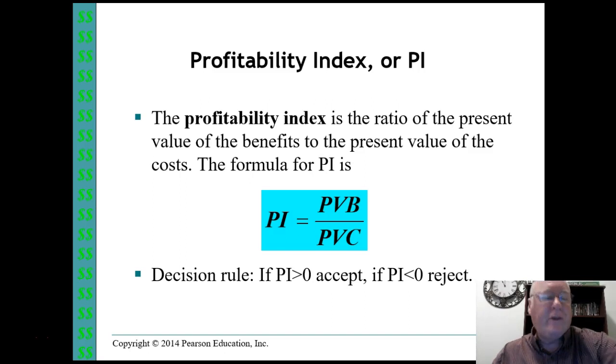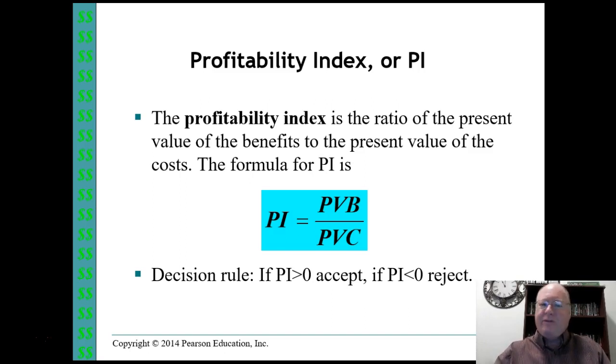The third method is what's called profitability index, or PI. And what the profitability index is really doing is taking the ratio of the present value of the benefits to the present value of the cost. In other words, those two numbers that you just calculated, and you came up with either a positive or negative number, this actually looks at the relationship between the two.